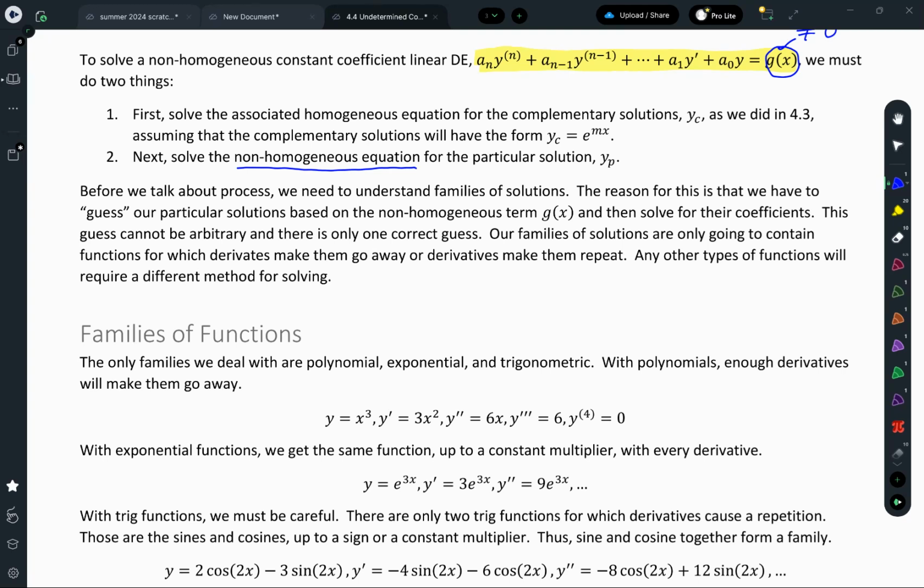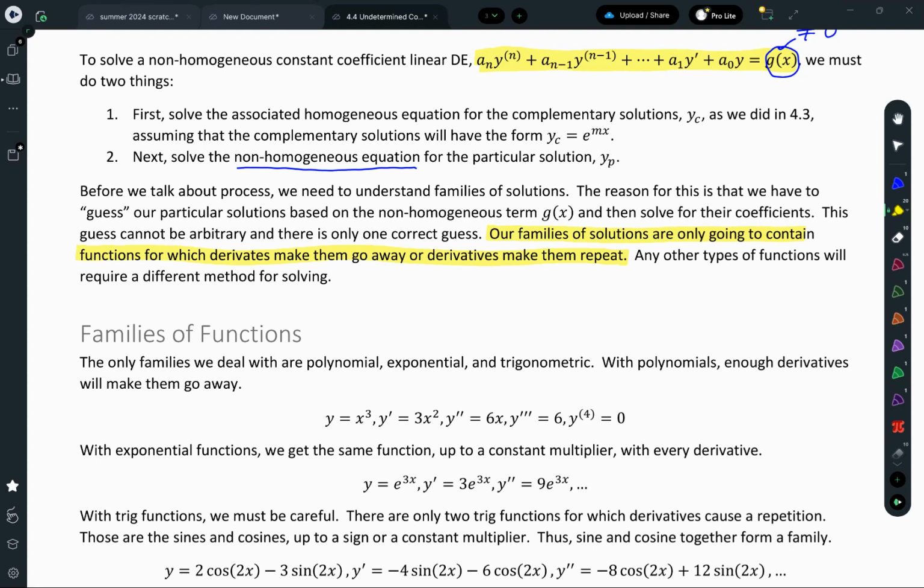Our families of solutions are only going to contain functions for which derivatives make them go away or derivatives make them repeat. If we think of some random function like natural log of x, if y is equal to the natural log of x, then y prime is 1 over x, y double prime is negative 1 over x squared, and so on.